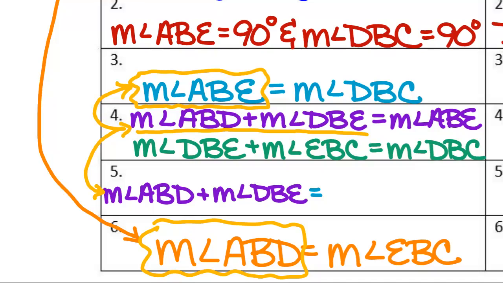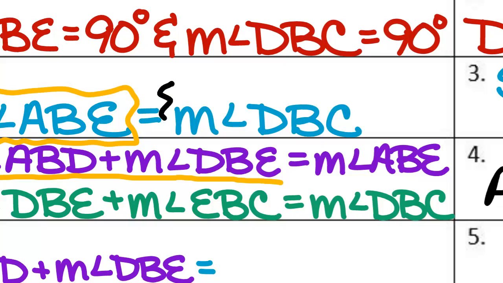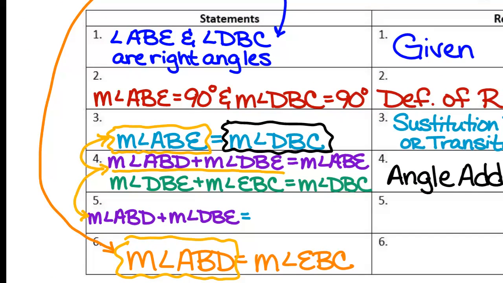Can I say something similar about angle DBC? Do I know something that's the same size as DBC? What is the same size? DBE plus EBC, yes.